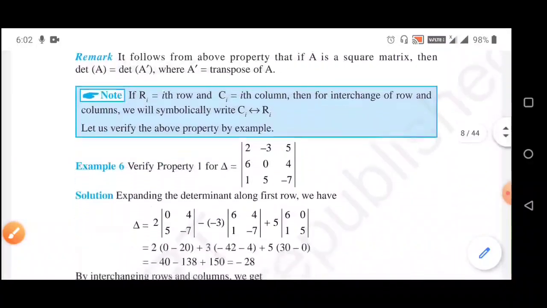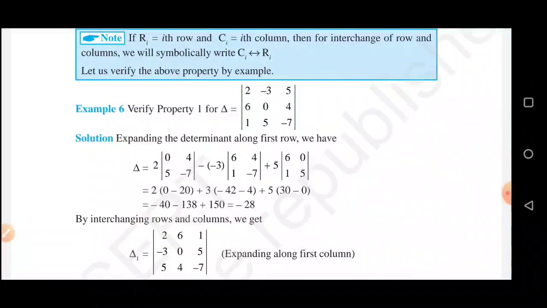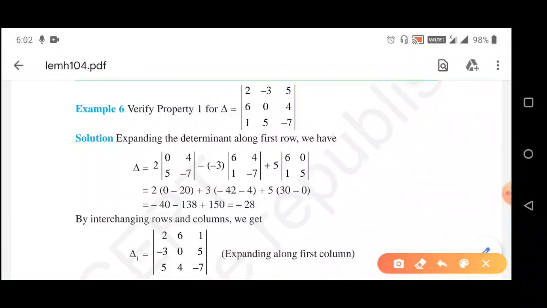Here example 6 is given to verify property 1. In example 6, the question is given, and we have to find the determinant first. The value of the determinant is minus 28. After that, we have to check whether, after interchanging rows and columns, the value of the determinant will change or not.